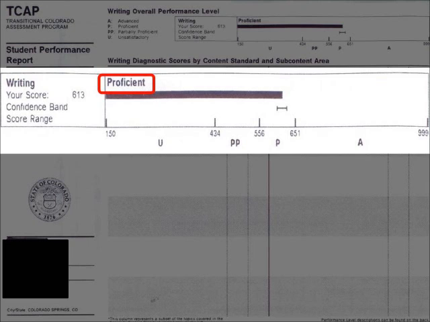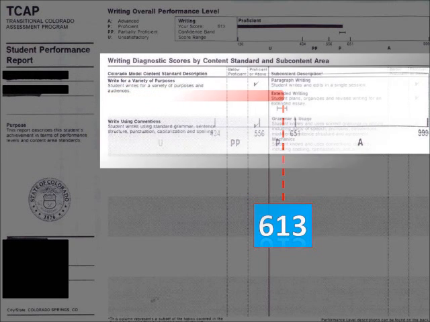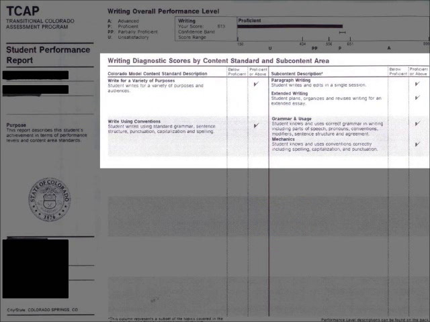And here I wanted to highlight the actual bar so you see where it aligned with the different levels. And you notice I have that checkered line going down to show you that it's within the proficient range, and they have a score of 613. Below your score report, you'll notice that there's a box highlighted that says Writing Diagnostic Scores by Content Standard and Sub-Content Area.